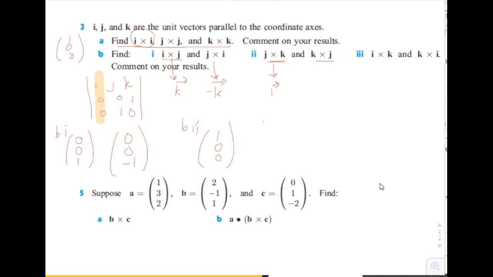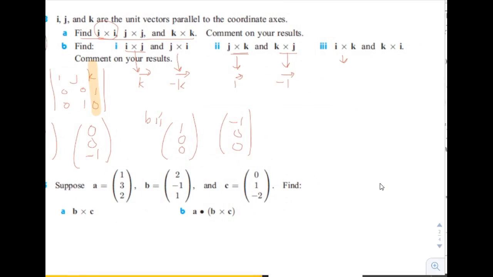So we get negative 1 for the I component. And then we're going to cover up the J vector, and we're going to get 0. And then we're going to cover up the K vector, and we're going to get 0. Okay, so for K cross J, the result is the negative I unit vector.